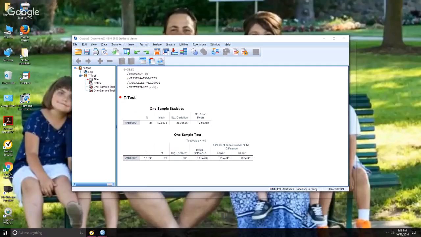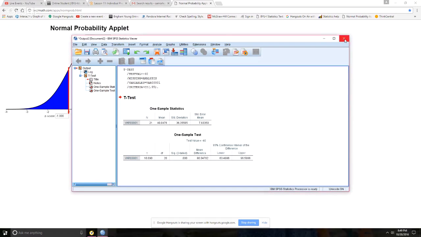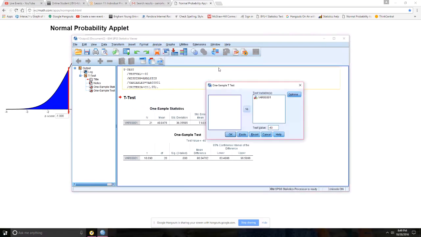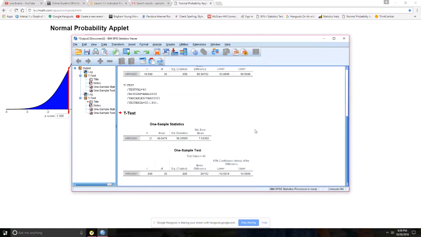Go back to your SPSS, and don't delete that. Just go back to analysis, and then data, and just change it there. It won't let me put an equal sign. No, just put 40. Okay, then okay.